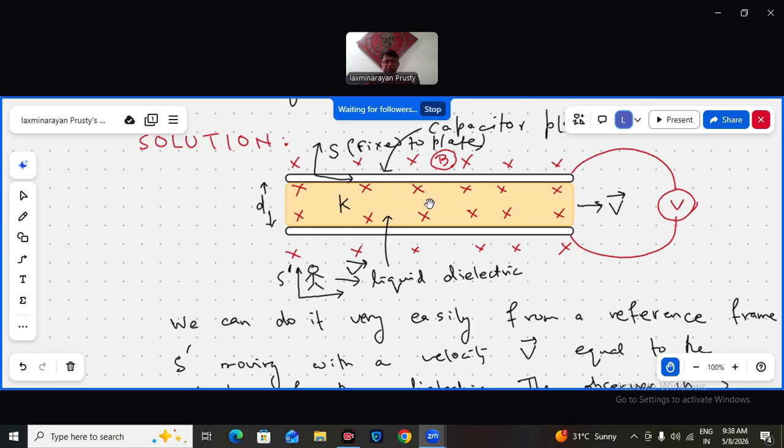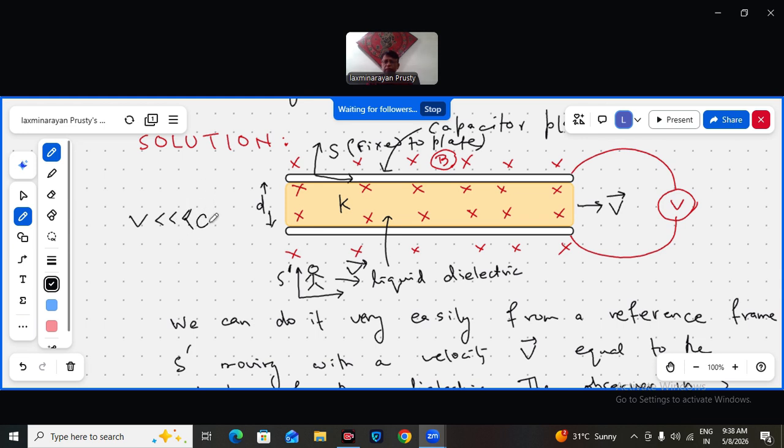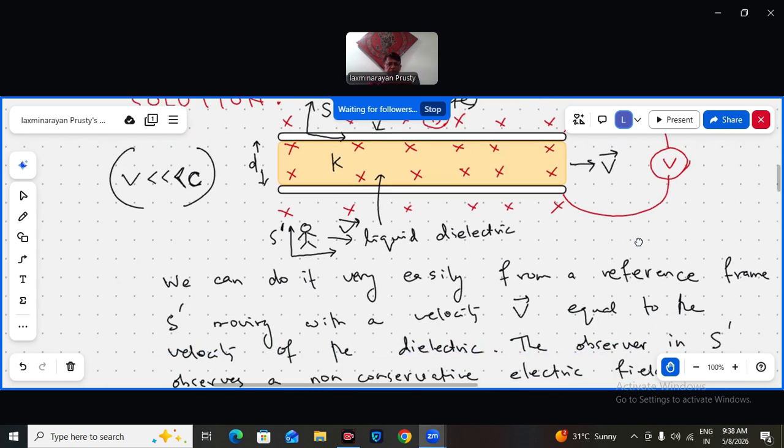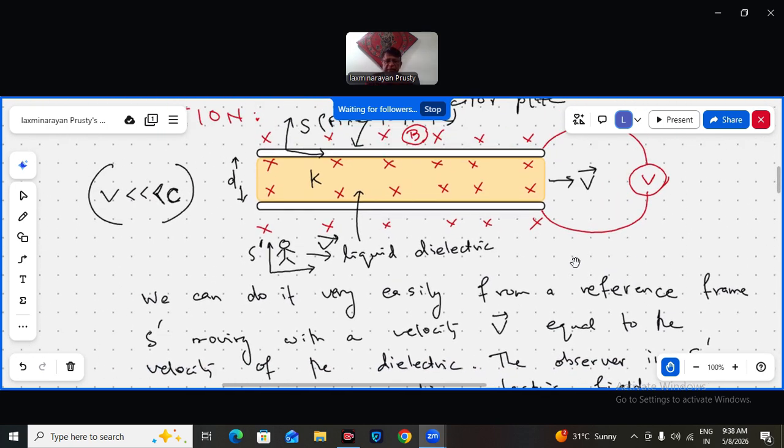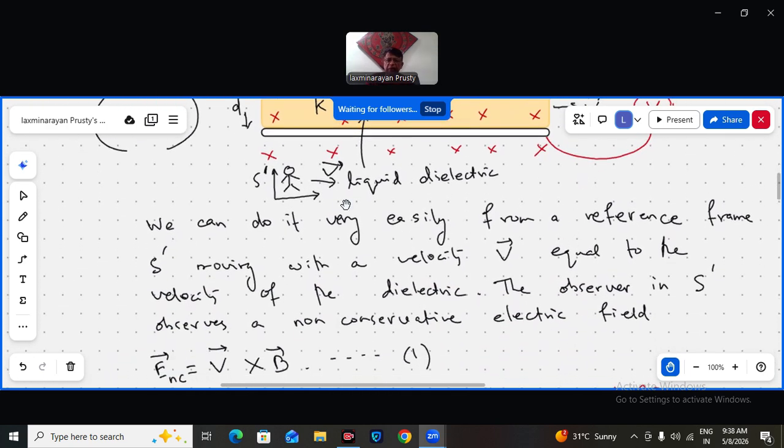This v does not change much because v is much less than the velocity of light in free space, so it is a non-relativistic reference frame, this S dash.